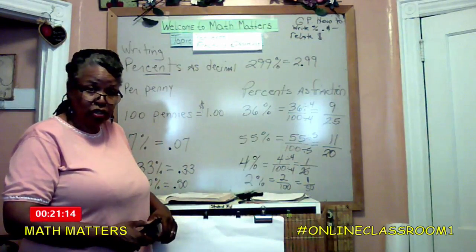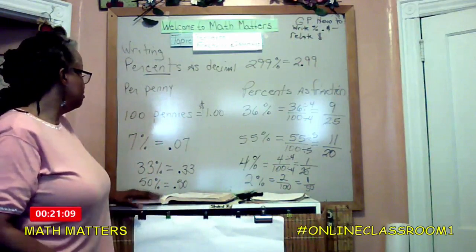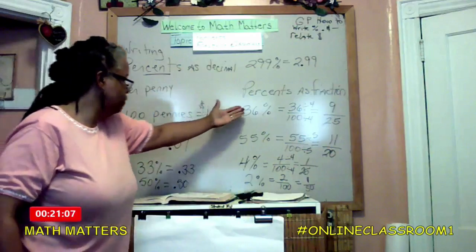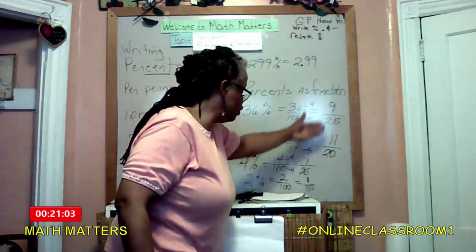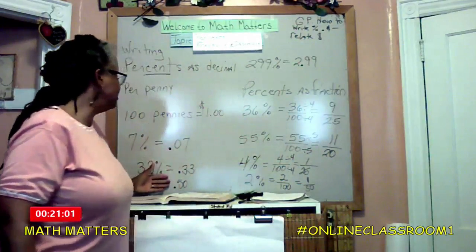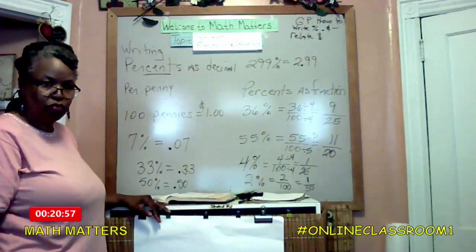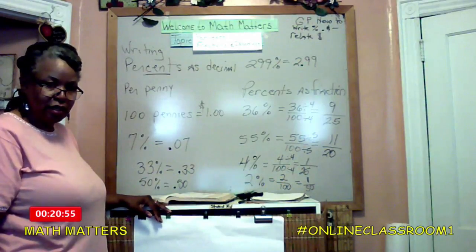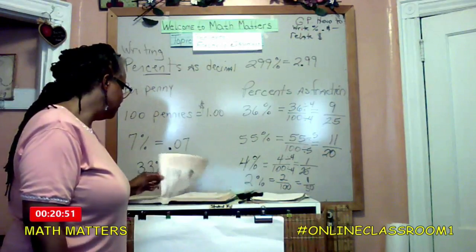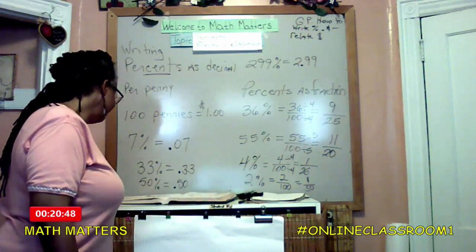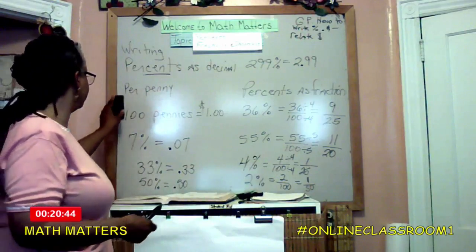Percents, fractions, decimals. Percents, fractions, reducing it, and decimals. How do they all relate? They relate when you're dealing with money. Let's mix up some examples here.